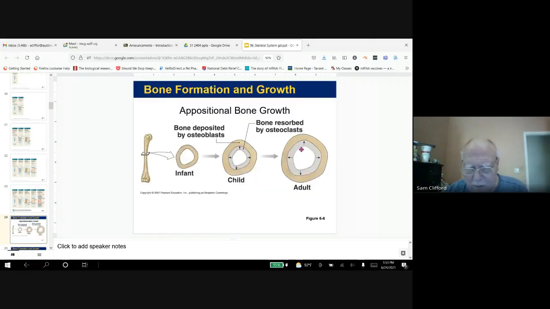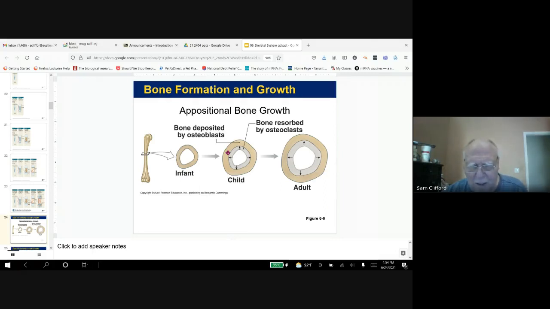How does bone grow? To make the bone thicker and to form a larger bone as people grow, you have appositional growth. Some tissue is going to be reabsorbed, and other tissue will be put down by osteoblasts. So bones are constantly being remodeled.